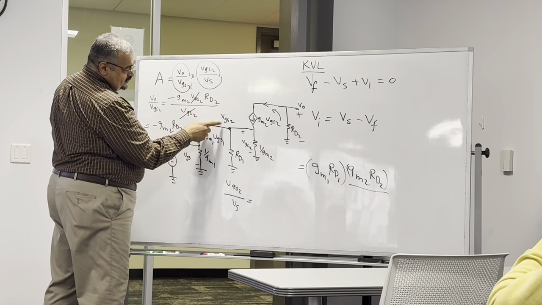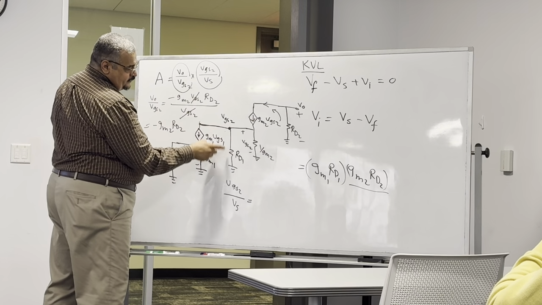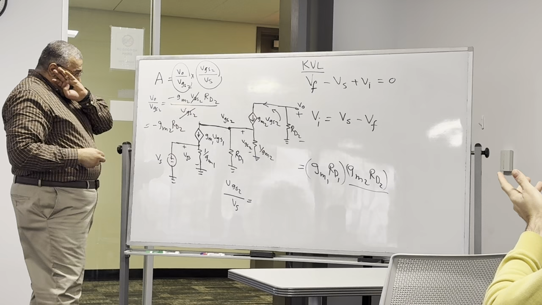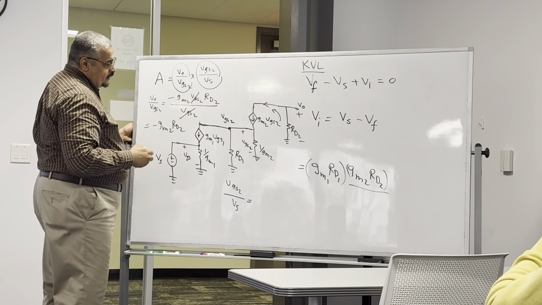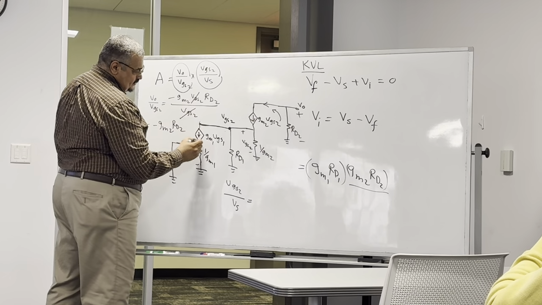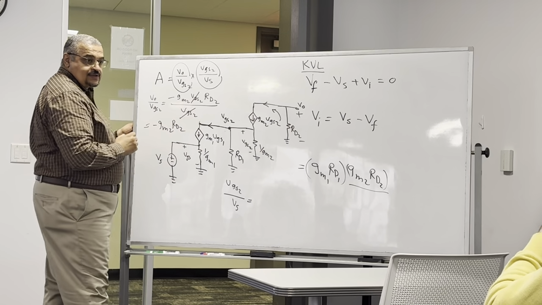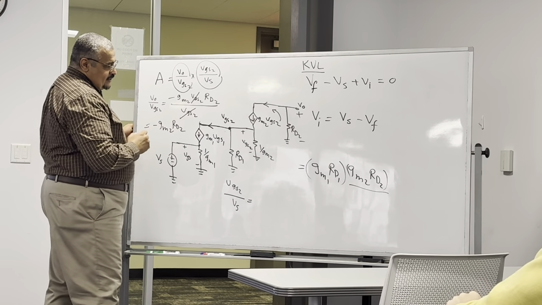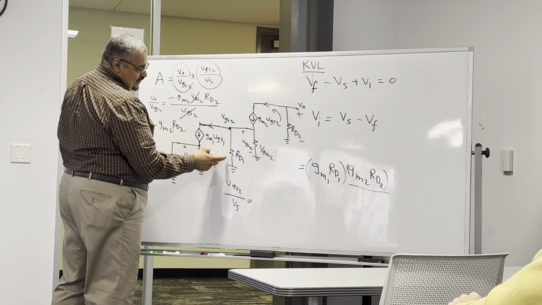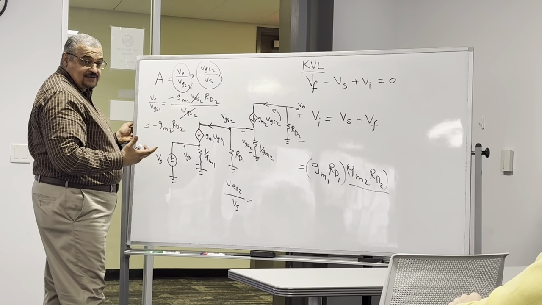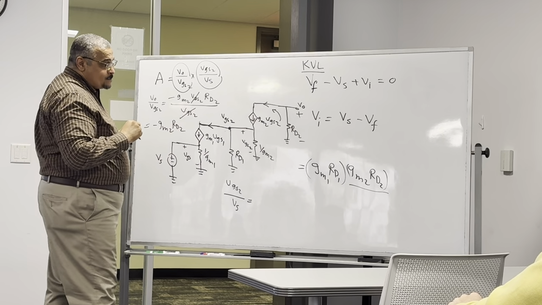How much is this voltage? This current is GM1 times VGS1, and this current is the same. Now, to find this voltage, you would have to take this and this in parallel, but are they in parallel in reality? No. Why?